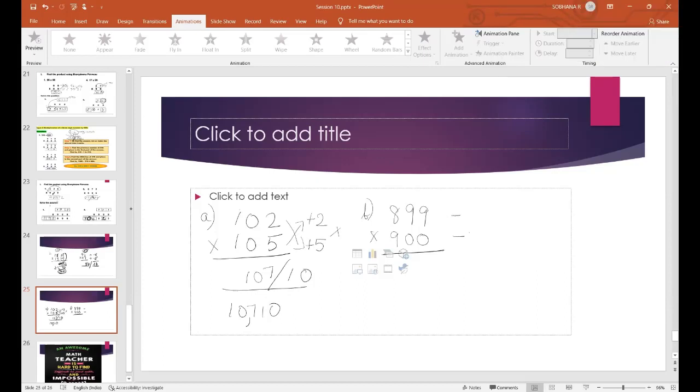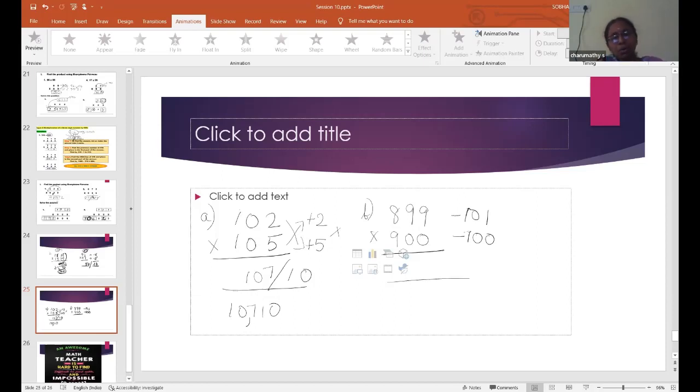Below base. Yes, it is below base. So 899 is closer to 1000. So what should be added to make it 1000? 101. Right.